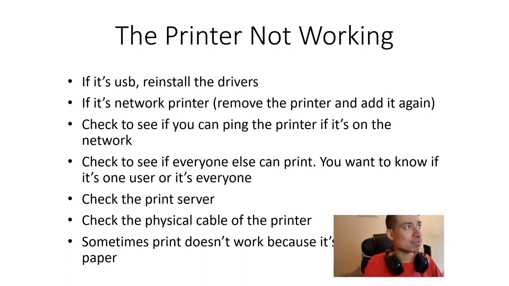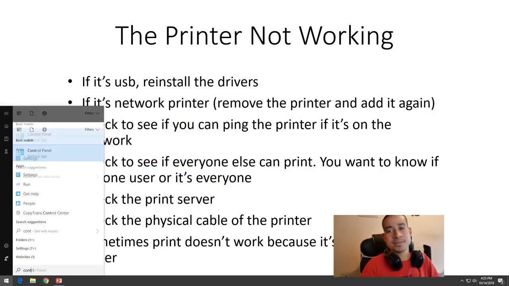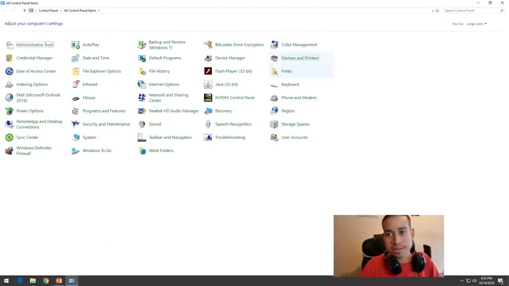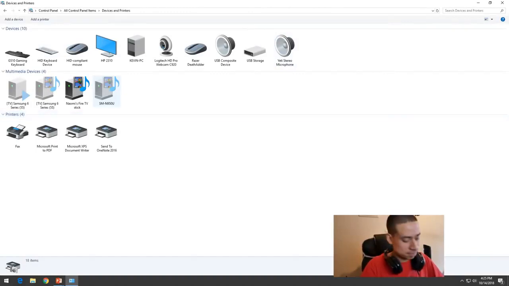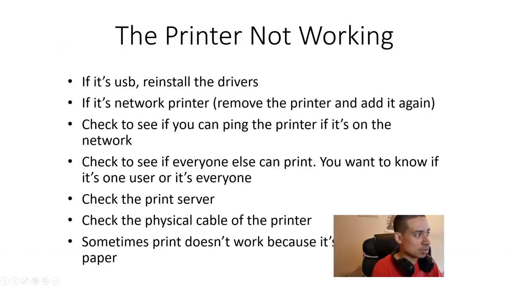All right, this one: printer is not working. If it's a USB printer, shut off the printer and remove it. Go to Control Panel, Devices and Printers, right click, remove the device, then reboot it again and let it reinstall the printer drivers.